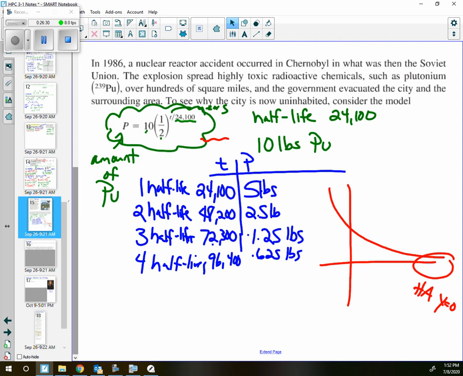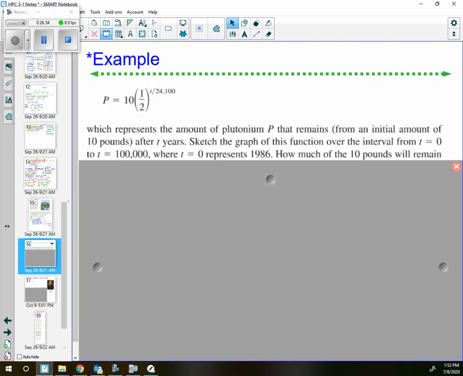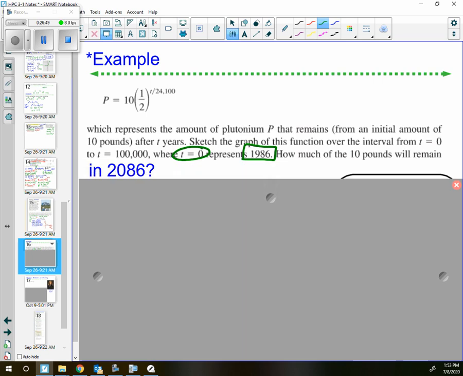So here's the question, now that we have what the model is doing. I'm going to use t equals 0 to represent 1986, when this incident occurred. My question for you: how much of the 10 pounds is going to remain in 2086?